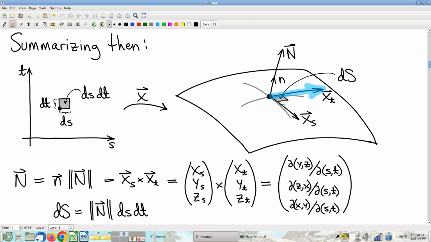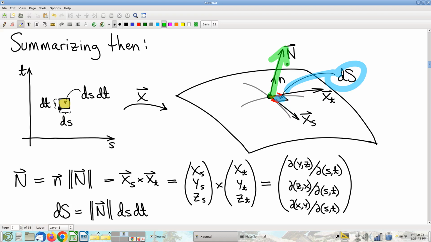Right? And those velocities give rise to the edge vectors of this little differential piece of area, right? Which we can relate to our parameter differential piece of area. And, of course, the relationship, as we've discussed, is this stretching factor, the magnitude of capital N being a normal vector, being as it is a cross product of two tangent vectors.